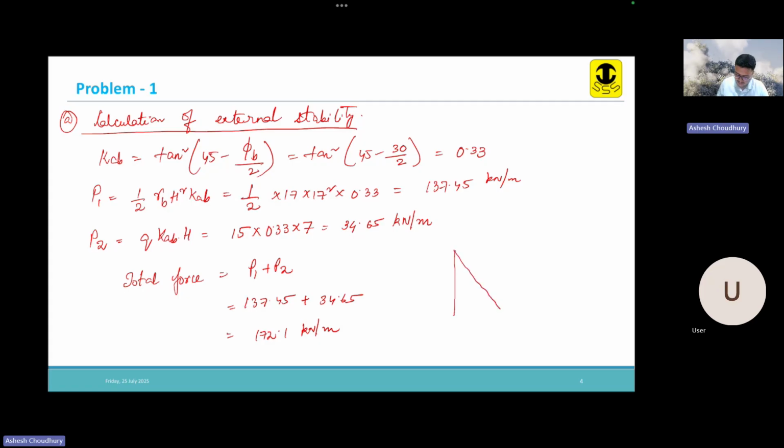That is P1 out of H by 3 plus this one, P2, H by 2, where H is the height of the wall.